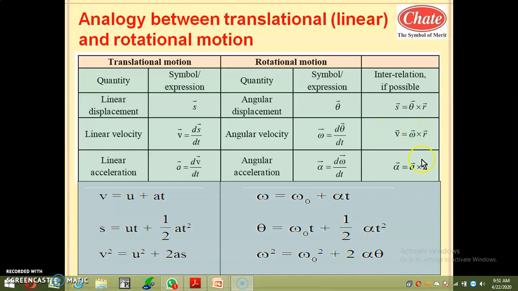Taking the derivative of this in magnitude, we get dv by dt, the linear acceleration, d omega by dt is alpha, and this is r. So that is a equals alpha cross r. So this is the relation between translational motion and rotational motion.